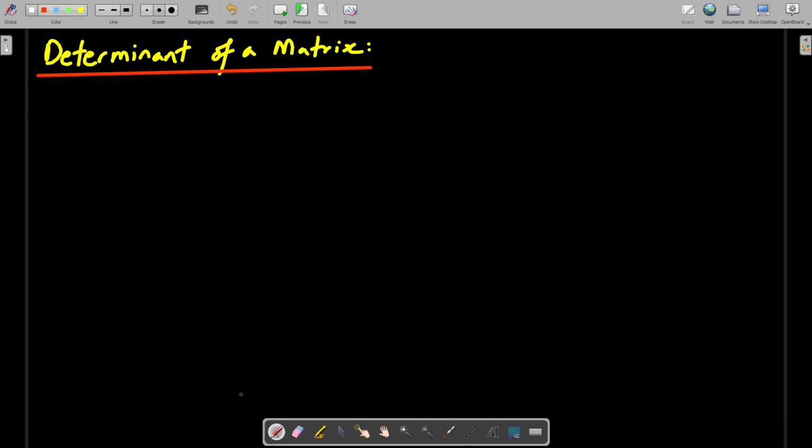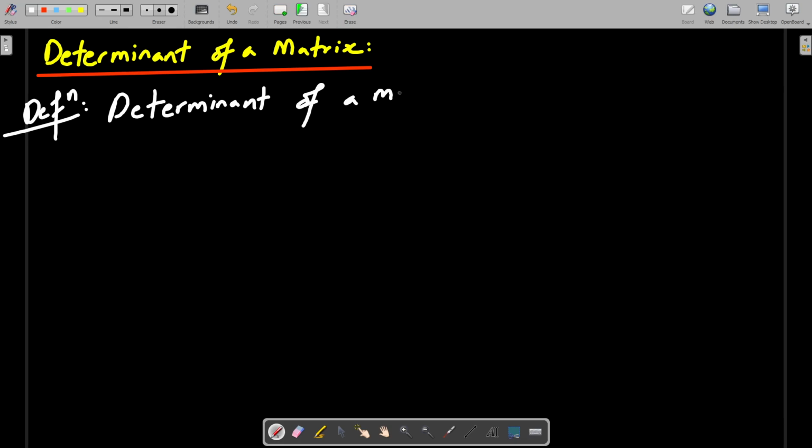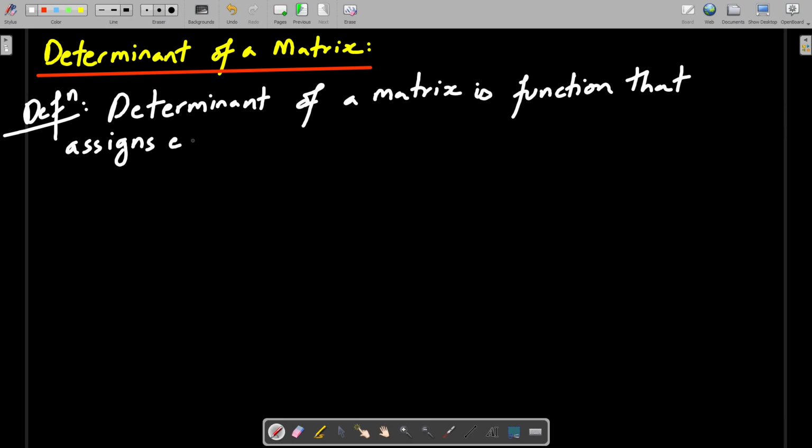Definition: determinant of a matrix is a function that assigns each n cross n matrix to a scalar.